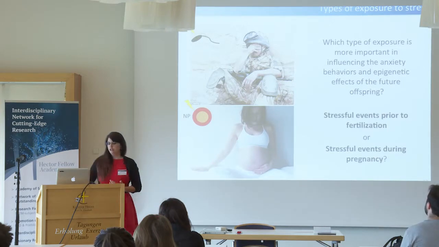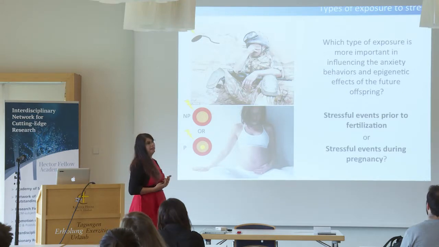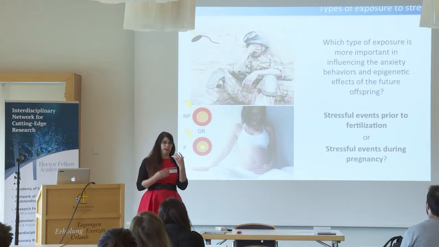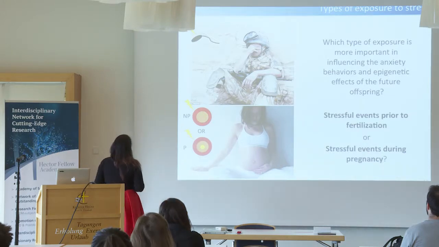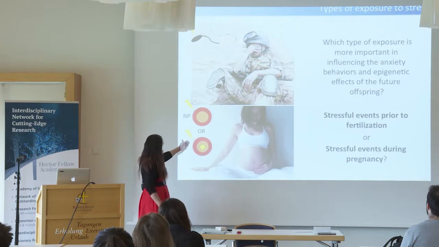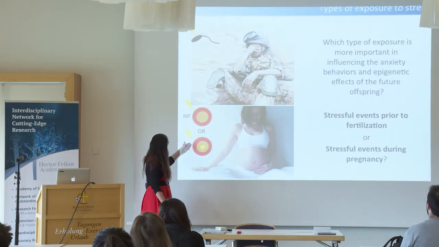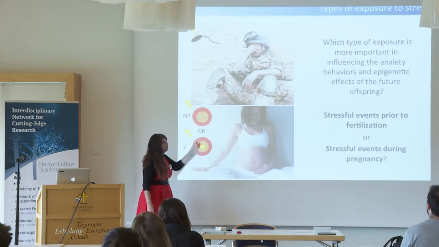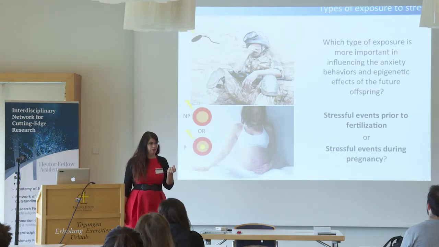However, as soon as you evolve a placenta, you've got a different layer that can add complexity to the situation. So if you think of mammals, you have the grandmother that's stressed, and we've heard this before in previous talks yesterday. Her F1 and her grandchild are also exposed to that stressful event.